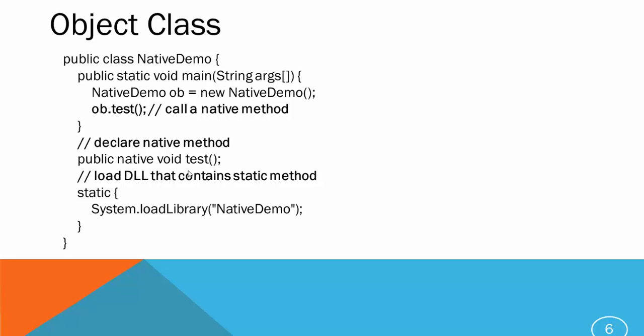Somewhere it is defined, that is, in your native libraries, that method is defined, so you are just declaring the test method here. Now you are loading those native demo libraries, where this test method has been written, in your static block. When this class is loaded, the static block will be executed, so the system will load the libraries of the demo class from your native source, and once that test method is available from that library, you can call it in the main method. That's how it works.